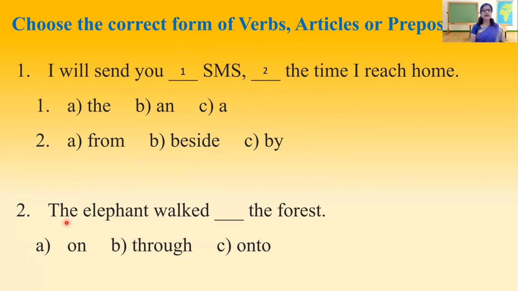Next, the elephant walked dash the forest. Which preposition do we have to use here? The elephant walked through the forest. Through the forest means from one end or side of something to the other. You can't write on the forest.